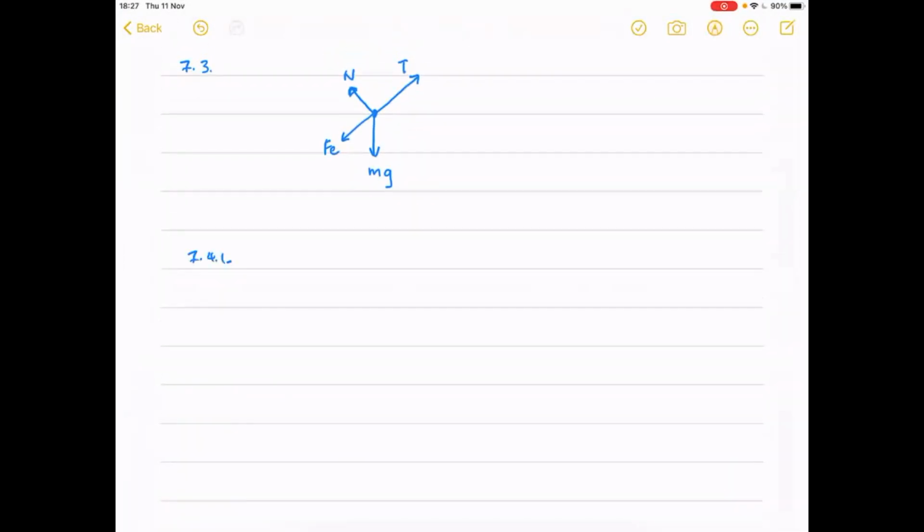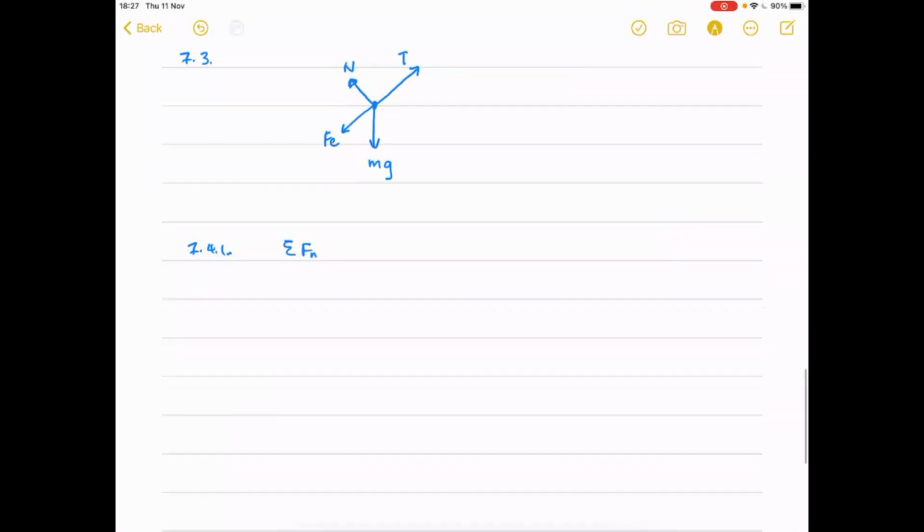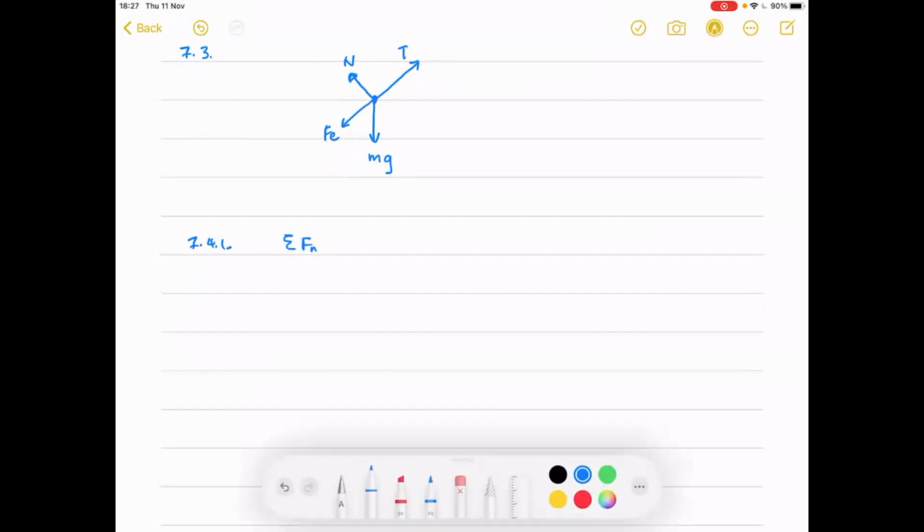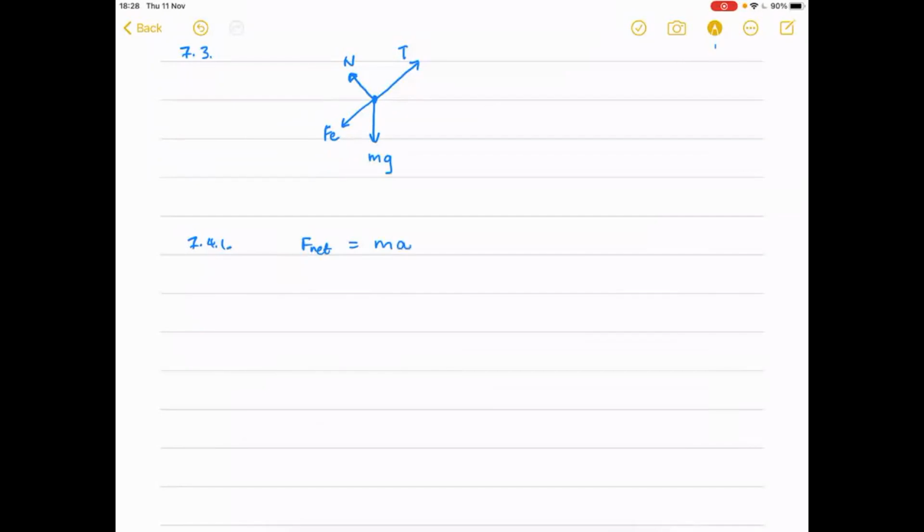So we start off by saying that the net force, we can write the sum of the forces, or you can say the net force. So let's just stick to the net force is equal to MA, which is equal to 0, because they are stationary. Okay, so now we're trying to find the tension. So we're going to work along this direction.